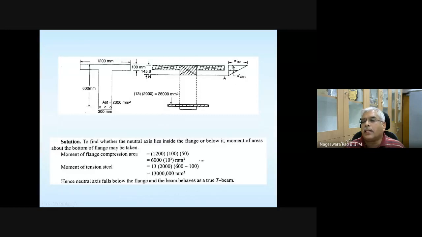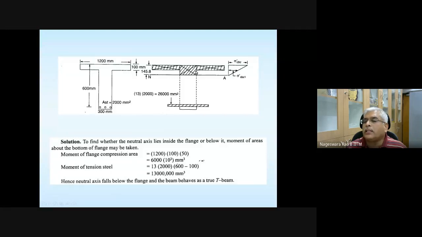You can see here the stress distribution for the area in compression is shown. Only the stress distribution for the area in compression alone is shown here. The stress in the top fiber is sigma CBC prime, and stress at the neutral axis is going to be 0.